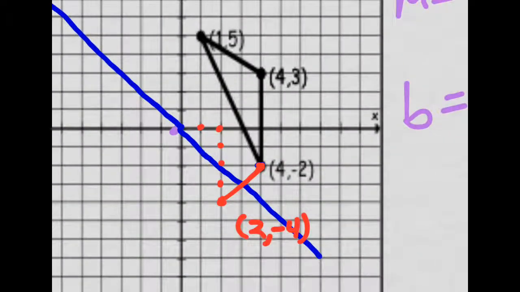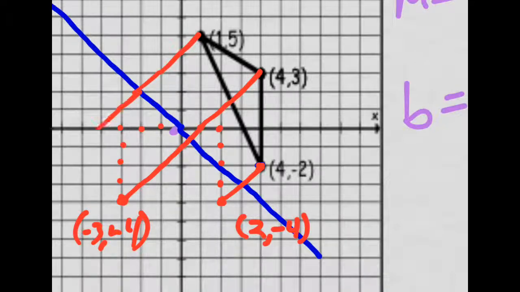But let's go 1, 2, 3, 3.5. There's my half. 1, 2, 3. So that's negative 1, 2, 3. Negative 1, 2, 3, 4. Negative 3, negative 4. And then 1, 2, 3. 1, 2, 3. And that's negative 5.